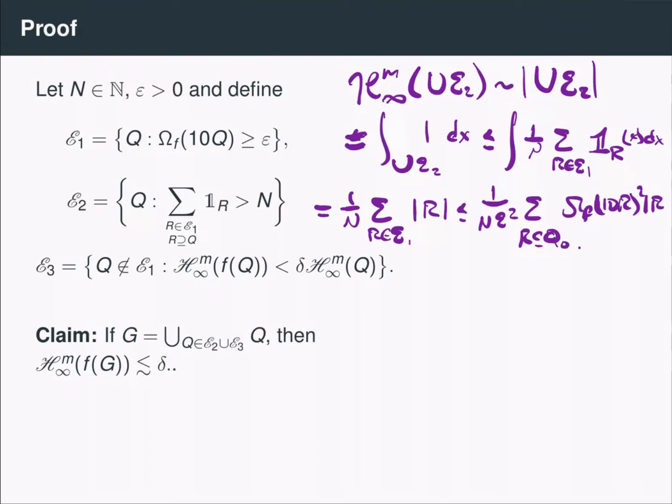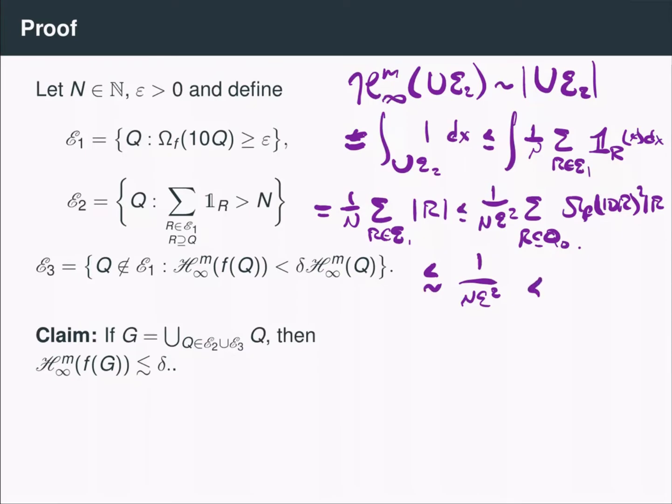And then, as we showed with the Dorronsoro theorem, if we take the sum of the omega numbers of f over all cubes R inside the unit cube, this will be at most some constant times the Lipschitz constant squared over n epsilon squared. So now what we do is we pick n large enough. First of all, notice that the Lipschitz constant in our case is just 1, so this is just at most 1.